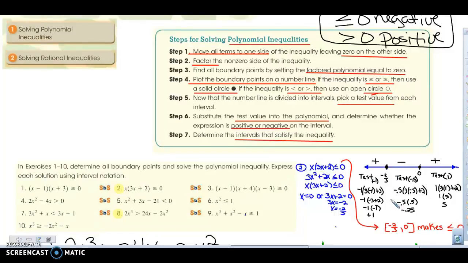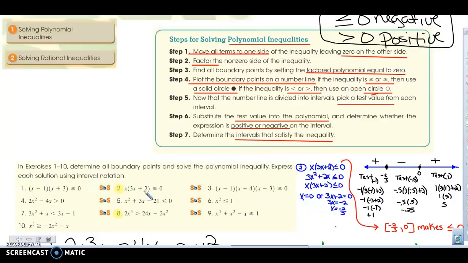We're going to choose a test point from each of those sections. So in this first interval here, I can choose any number that is less than negative 2/3. I went ahead and chose the very next integer, which would be negative 1. You take that negative 1 and you plug it back into the problem. So I have negative 1, parenthesis, 3 times negative 1 plus 2.